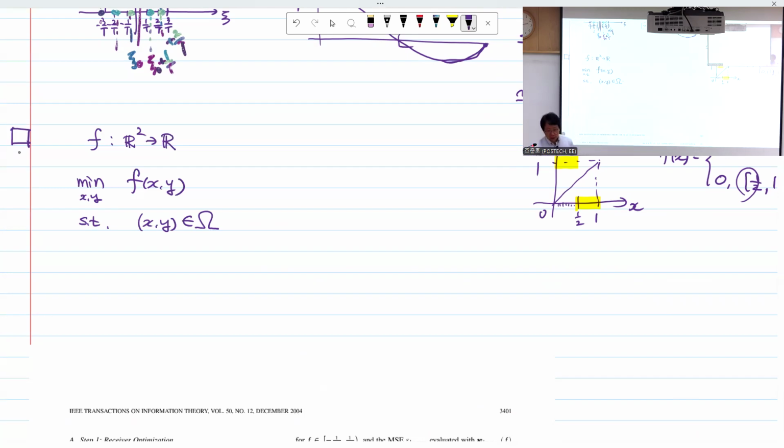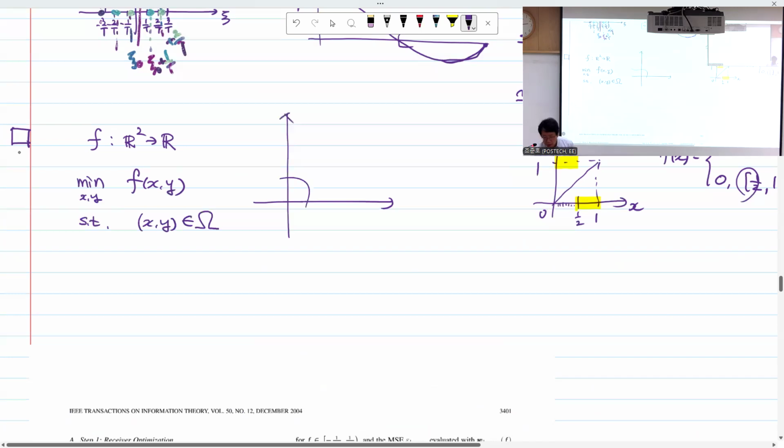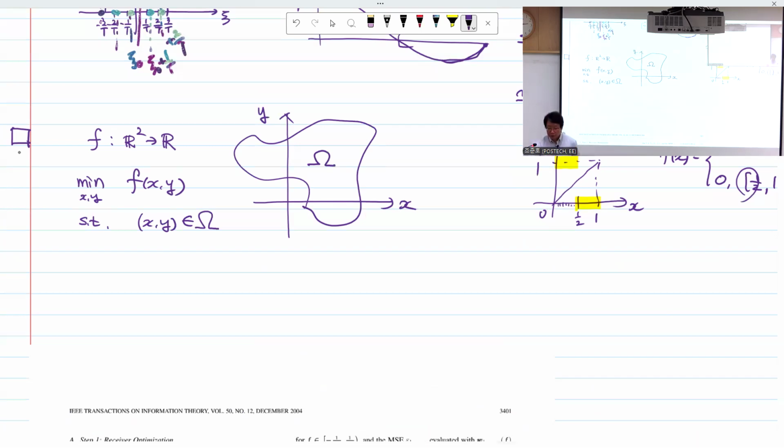And this one can be visualized like this. Suppose this is the constraint set omega, and horizontal and vertical axes represent x and y. Now, you want to find a pair x comma y that has a very small value. And here goes the idea.